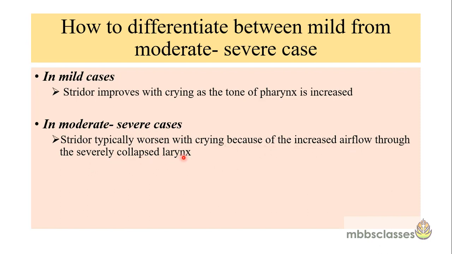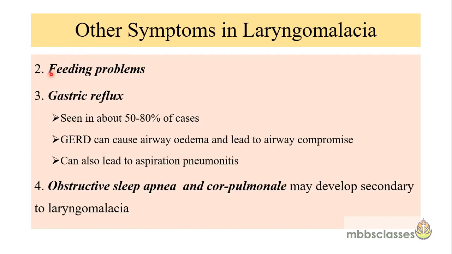severely collapsed larynx. Now, the other symptoms may be associated feeding problems, due to the high negative pressure generated during inspiration. Second, the infant may have some gastric reflux also, and this gastric reflux is seen in about 50 to 80% of the cases.